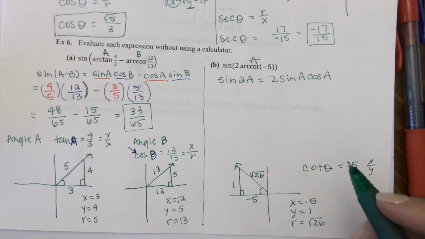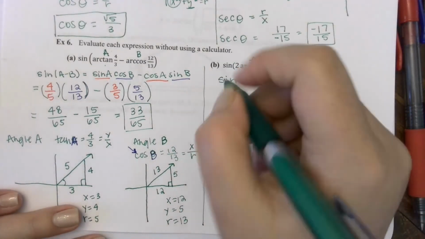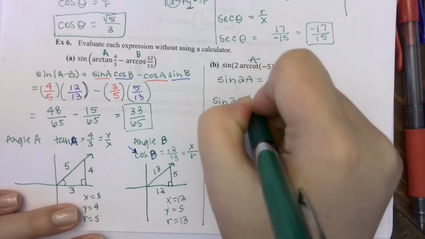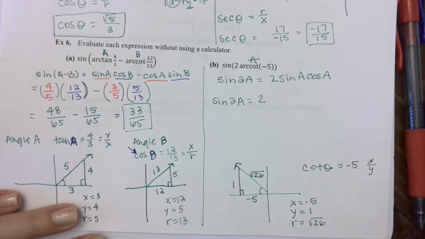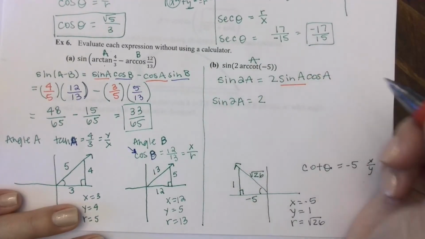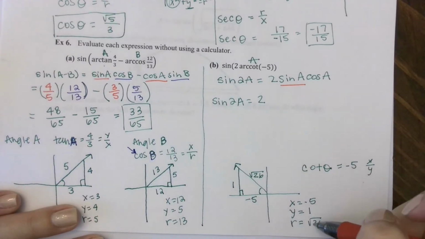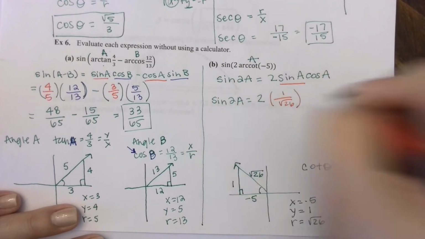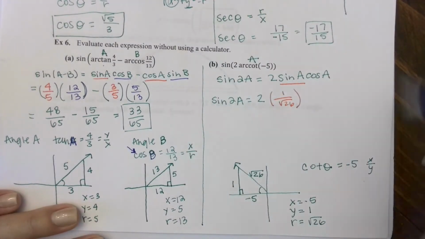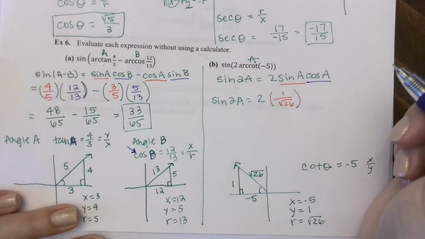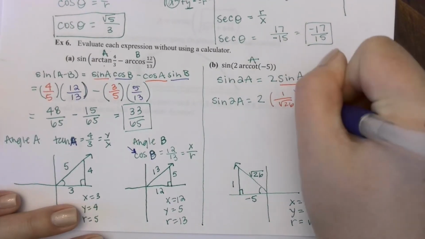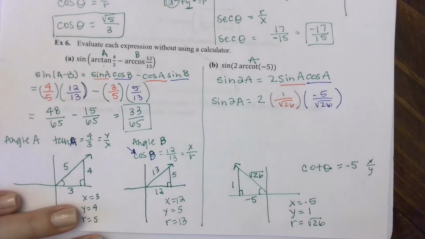Alright, so I want to plug my values back in. So I have sine of 2A equals 2 times sine A. Sine A is going to be y over r, so that would be 1 over the square root of 26. And then cosine A is going to give me x over r, so that's -5 over the square root of 26.